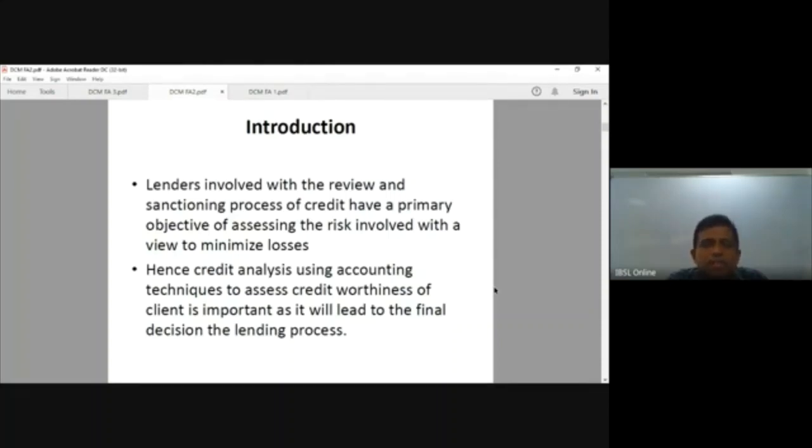Therefore, as credit officers, managers, and relationship managers, your responsibility is to do a proper analysis. There can be systems also, and you can involve those systems. But finally, you have to do a proper analysis, interpret it, and put it forward to the decision maker to take the final decision.